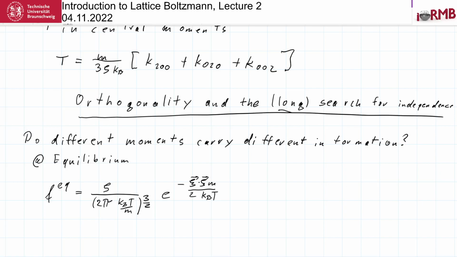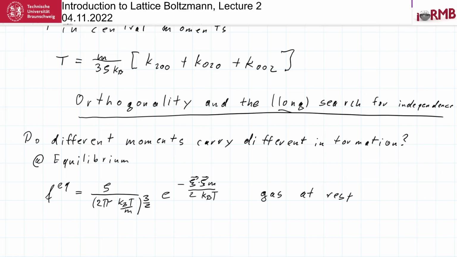So this is the transformation, so to speak, from kinetic energy to temperature. This goes by kB. And this would be the distribution function of a gas at rest.